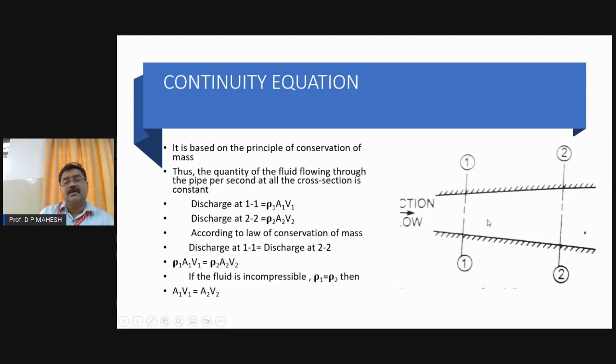Since the liquid flowing through any sections in the given pipe will be the same, rho 1 and rho 2 are taken as rho itself, so that gets cancelled. If the fluid is incompressible, rho 1 equals rho 2, then A1 into V1 will be equal to A2 into V2. That equation is called the continuity equation. This equation is used mainly for finding the velocity at any section.